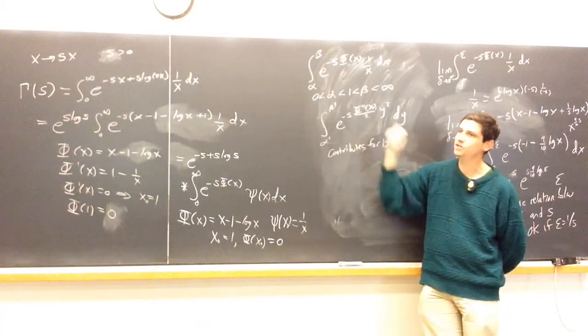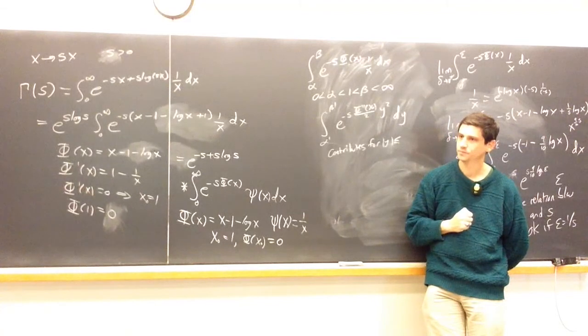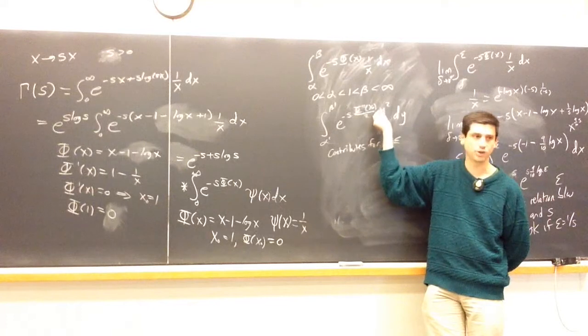About what would be your window? So if you look at what's going on here, you have an s y squared.